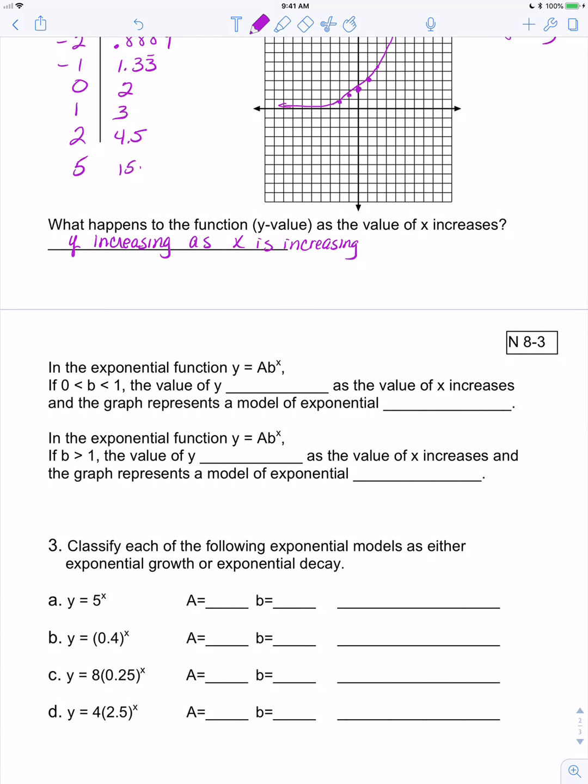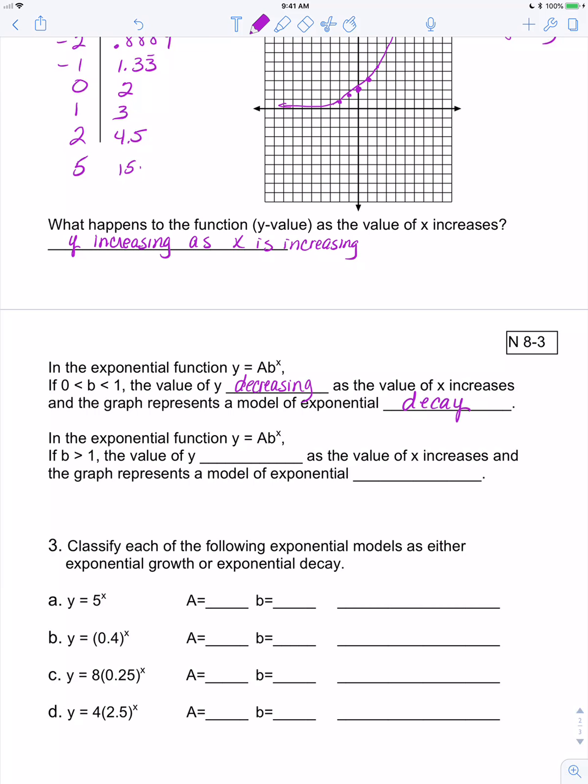Okay, so we can just come to these conclusions then. If that b term is between 0 and 1, then the value of y is decreasing, because if that's a fraction, it's decreasing as the value of x increases, and the graph represents a model of exponential decay.